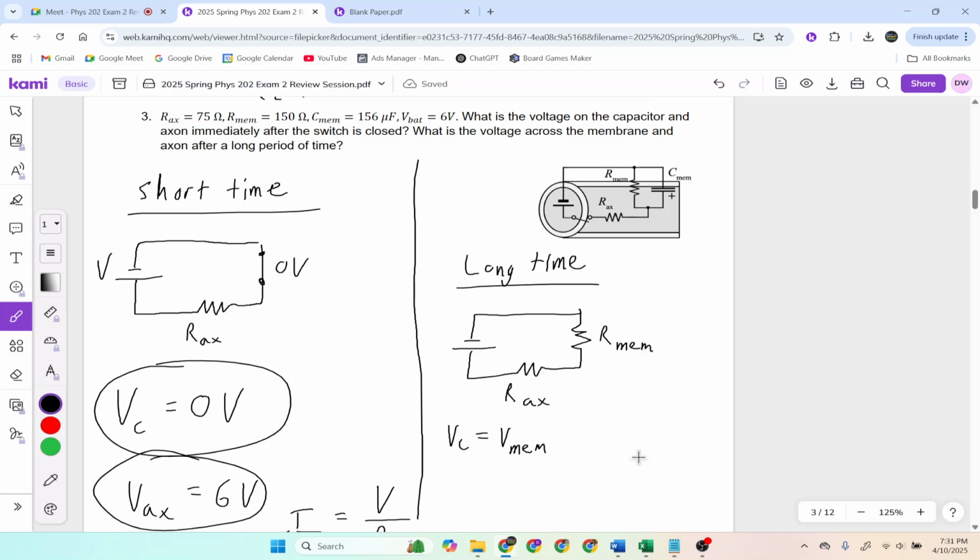Now, if I want to find that voltage, I got to use some Ohm's law. I'm probably going to combine these 2 resistors. So R total equals 75 plus 150. They're in series, so it's not the weird 1 over math. And we get 225 ohms for total resistance.